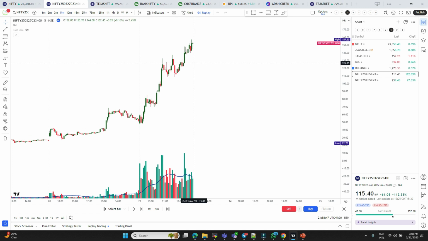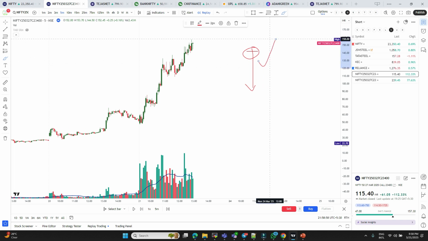See, what is this candle? The last candle. Remember, guys, this candle is a long-legged doji. What does it mean? If this forms at the bottom level, buyers are dominating.